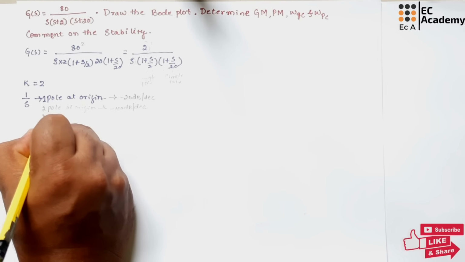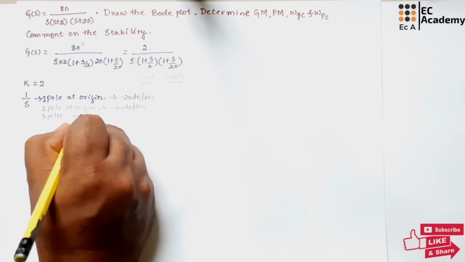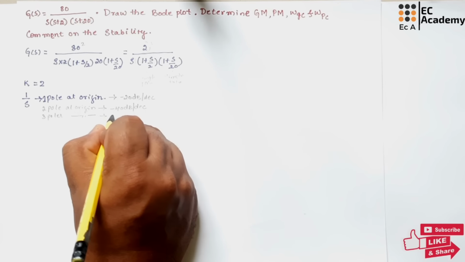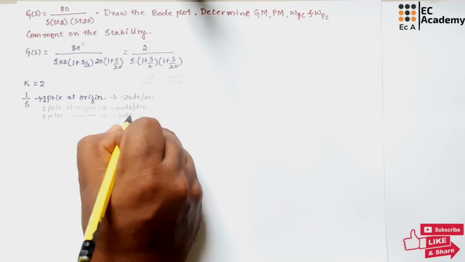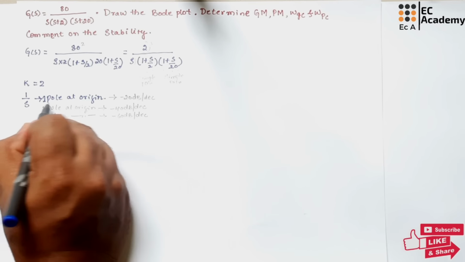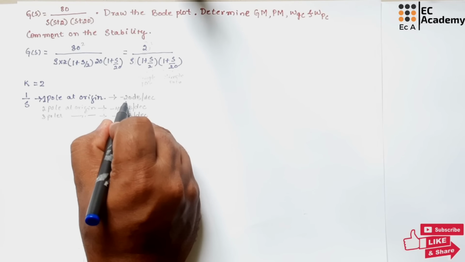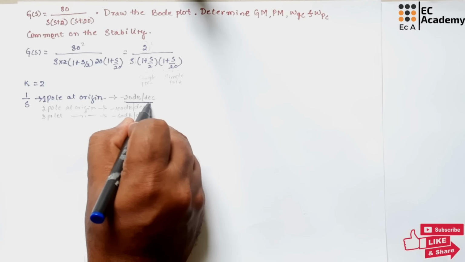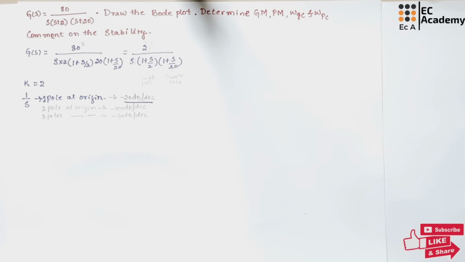If there are three poles at the origin, again we will be having minus 60 dB per decade slope at the origin. Since we are having one pole in this problem, we will be having minus 20 dB per decade slope at the origin.